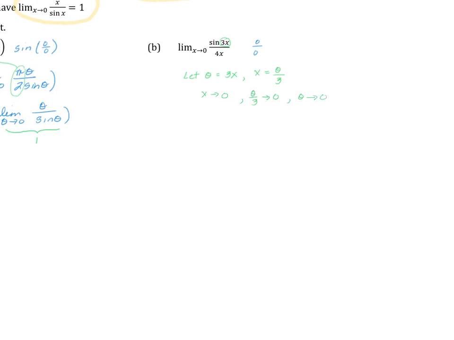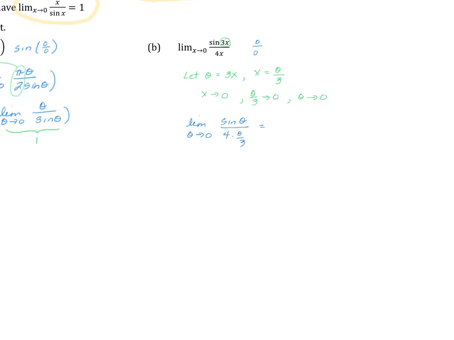So now I can replace everything in this limit formula. I'll get the limit as theta goes to 0 of sine of theta over 4 times, now remember x is theta over 3, and let me rewrite that because algebraically that's a little bit messy.